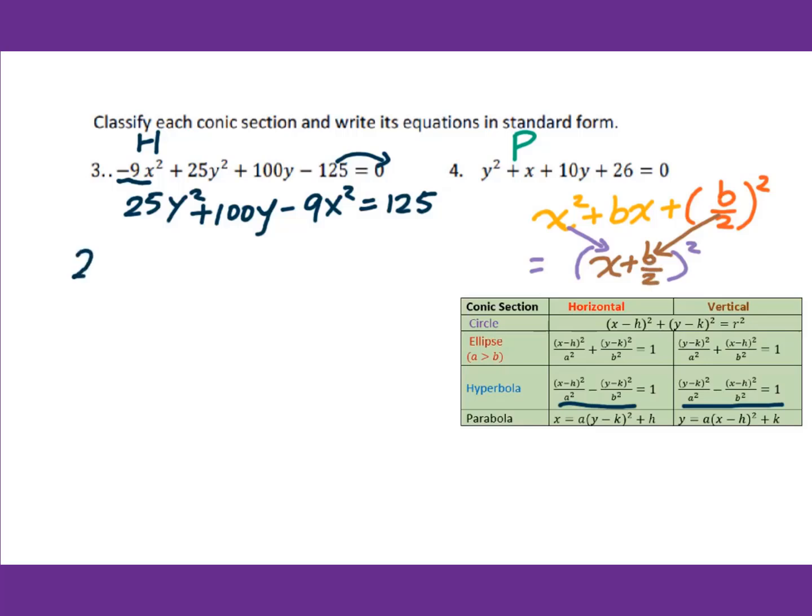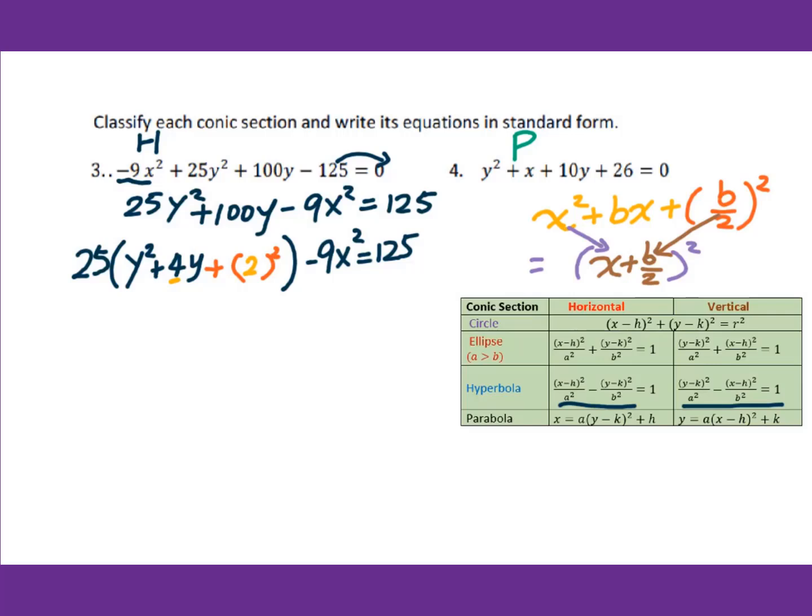Therefore, I will take a 25 outside. I got y squared plus 100 divided by 25 is 4y. I need to add b over 2 squared. This b is 4. 4 divided by 2 is 2. Then minus 9x squared equals 125.